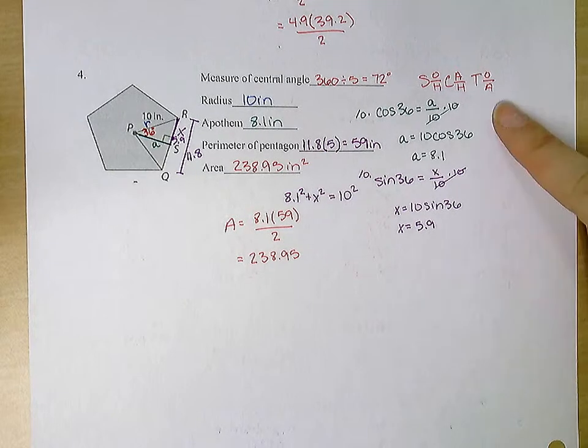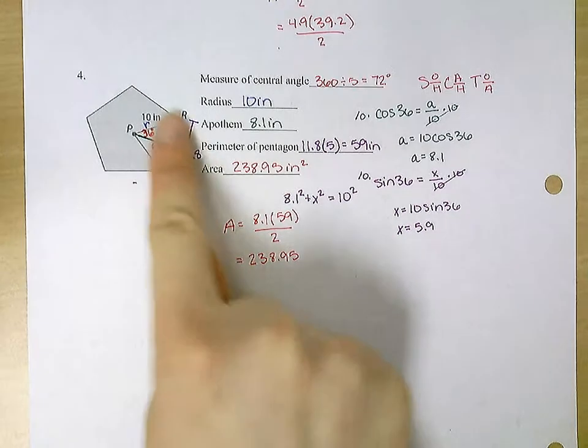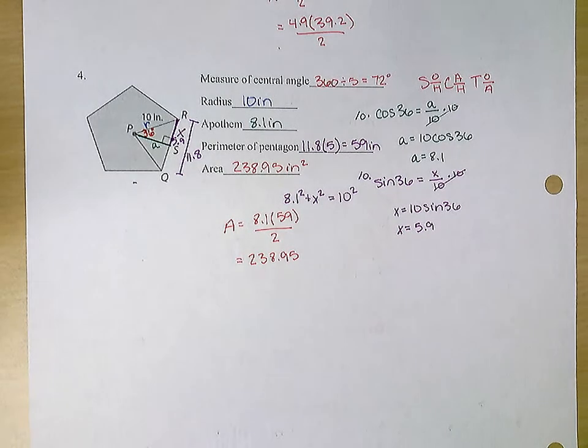Otherwise, you do have to use SOHCAHTOA. And again, if you need to, just redraw that right triangle so that it's not so cluttered, redraw it larger on the outside, label it correctly, then use SOHCAHTOA. You should remember how to do both special right triangle rules and SOHCAHTOA as you go through this.